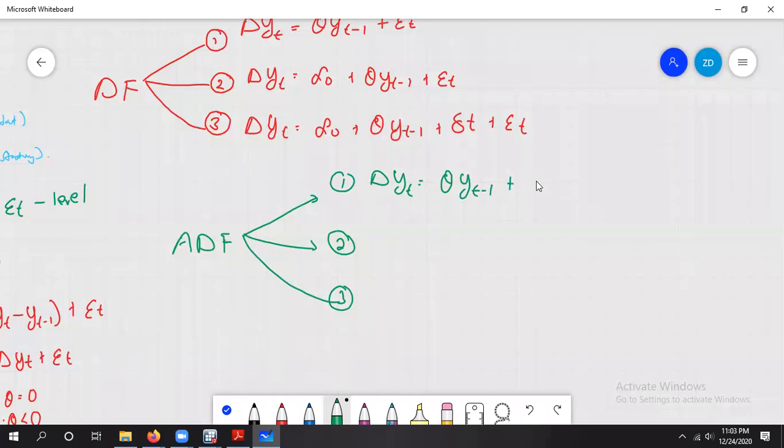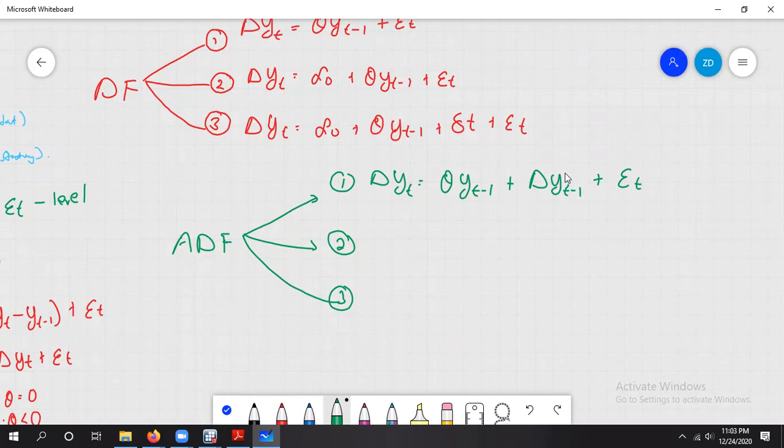We add the dependent variable as an independent variable, difference yt minus 1 plus et. So this refers to lag 1. We put the dependent variable as an explanatory variable at lag 1.